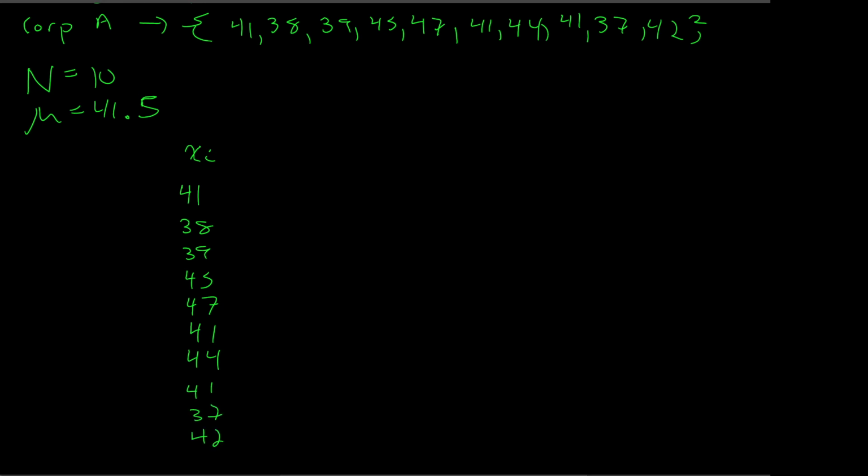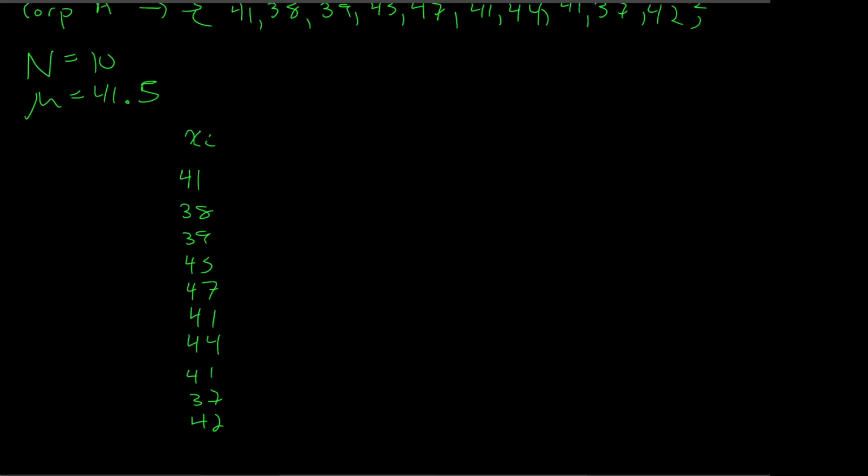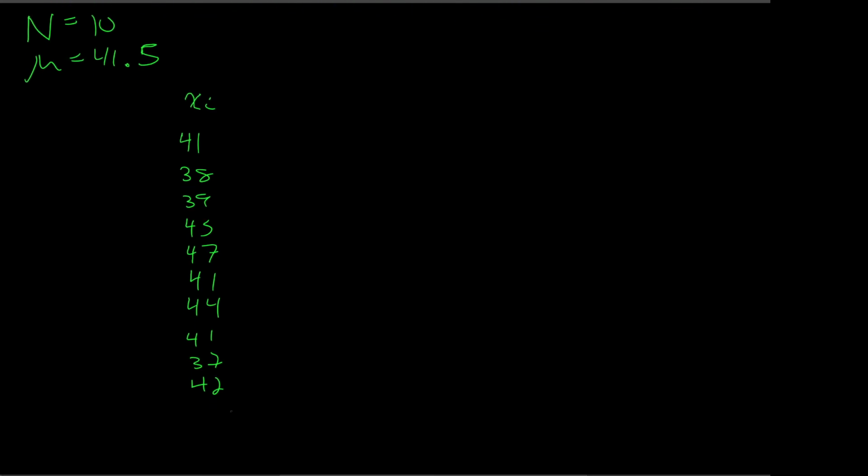So my data is now in the table. And if I were to add this up, the sum of the x sub i's is 415. And if I divide that by 10, I get the mu of 41.5. And so now I want to do the deviations. I want to do x sub i minus mu.